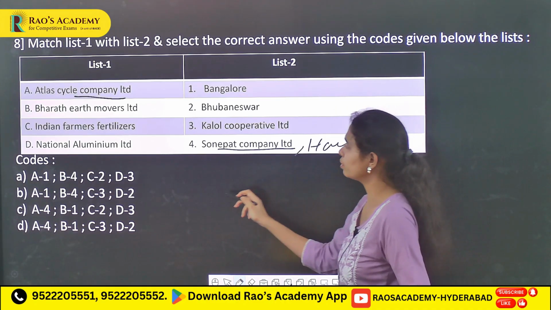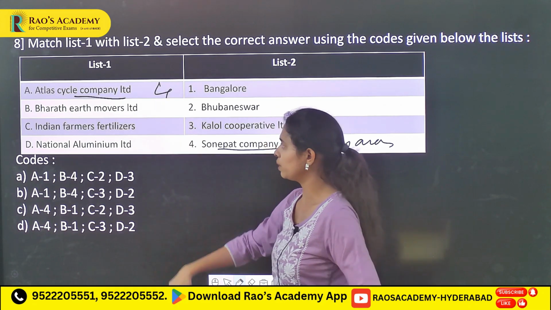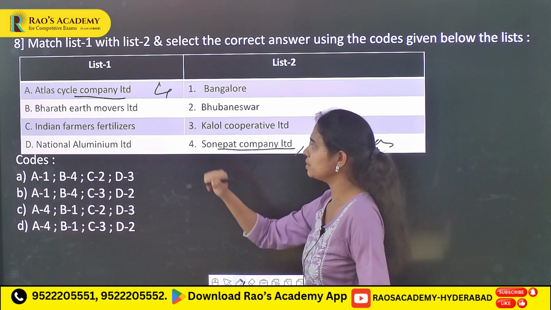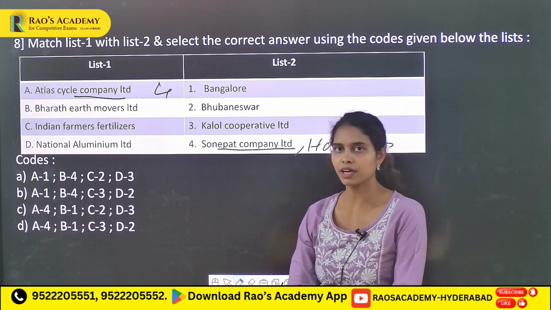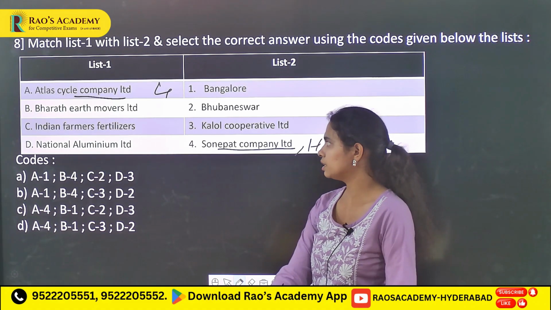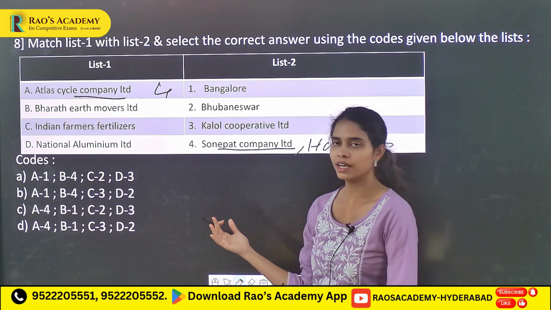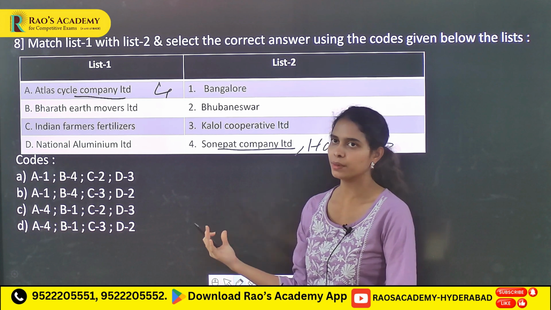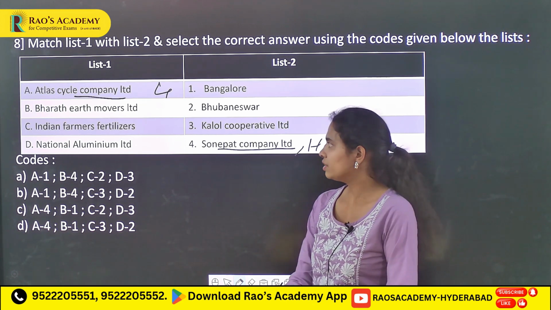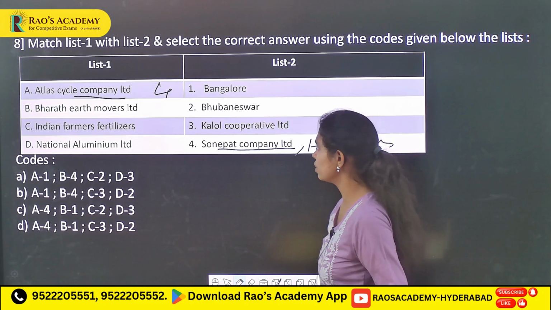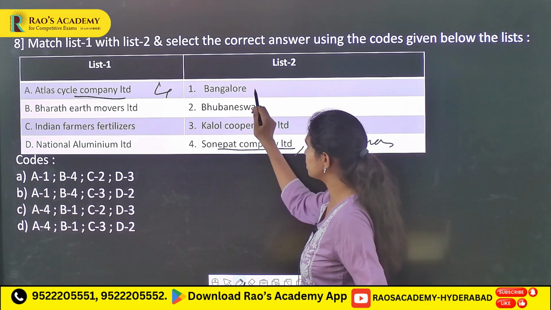Then that is the fourth one, then followed by Bharat Earth Movers Limited. This company greatly manufactures heavy equipment, especially in the defense as well as the infrastructure sector. So here it has been observed in Bangalore.